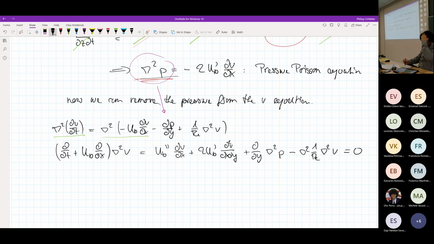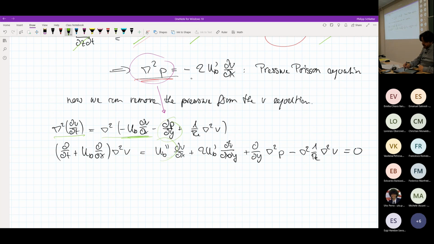So what I have now done is taken the nabla squared into the brackets, which gave me another part of this term, which is the ub double prime.